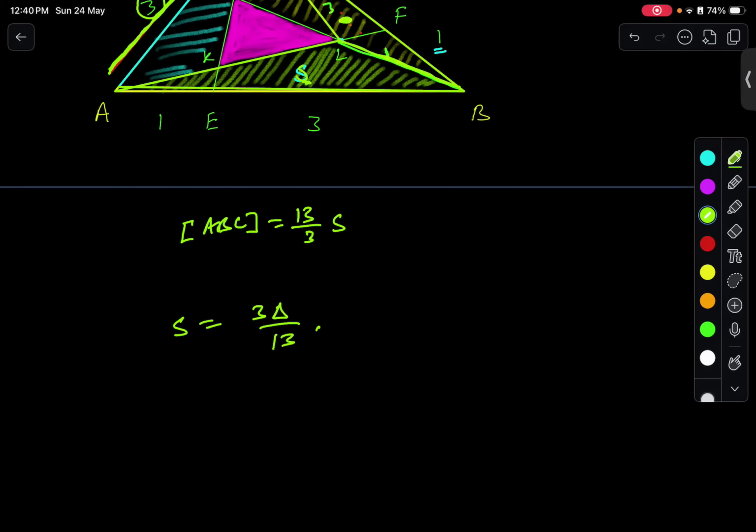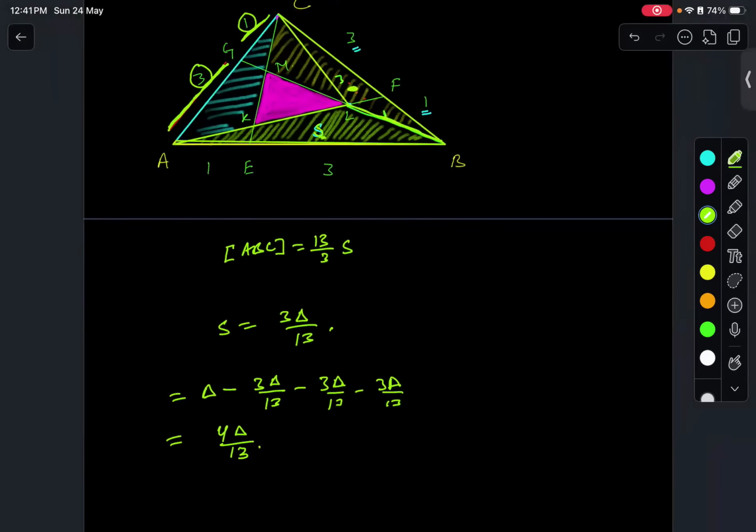So what I have to do is del total minus 3 del by 13 minus 3 del by 13 minus 3 del by 13. So this is 4 del by 13. This is your area. And if del is given as 1, this is 4 by 13 of the total area.